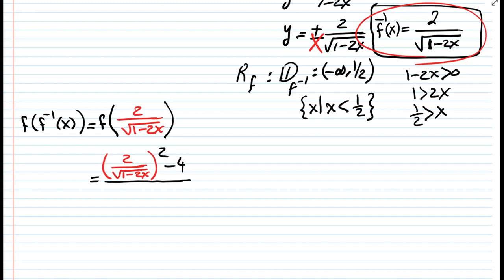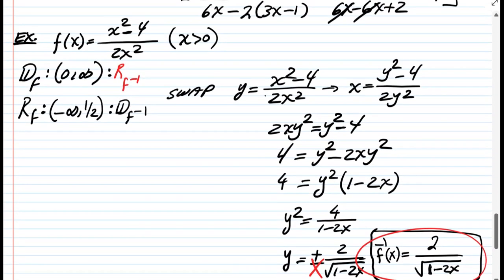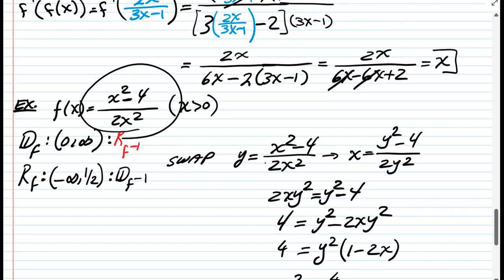The denominator was just 2x squared. So we're just going to do 2, and then x is 2 over, let me use my red color, 2 over square root of 1 minus 2x, and then we square it. Okay, just real quick, this is what I plugged into.